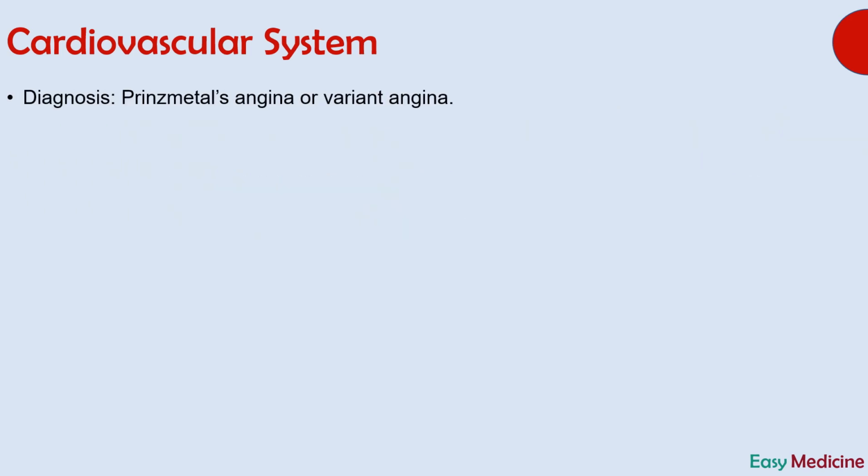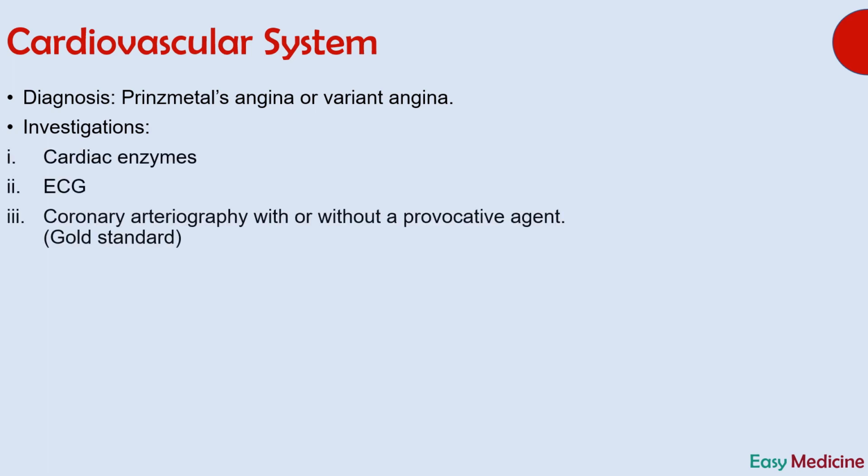As you can see, the answer is Prinzmetal angina or variant angina. The next part of the question asks about investigations to diagnose this condition, and they include cardiac enzymes, ECG, and coronary arteriography with or without a provocative agent, and this investigation is diagnostic for variant angina.